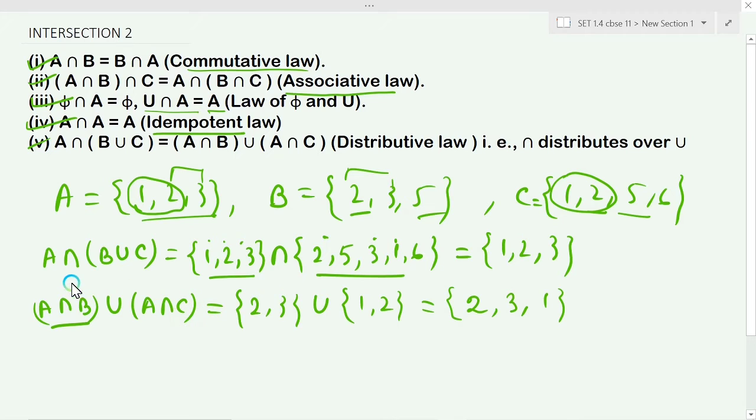And we see that the left hand set and the right hand set both contain the same elements, that is 1 2 and 3.